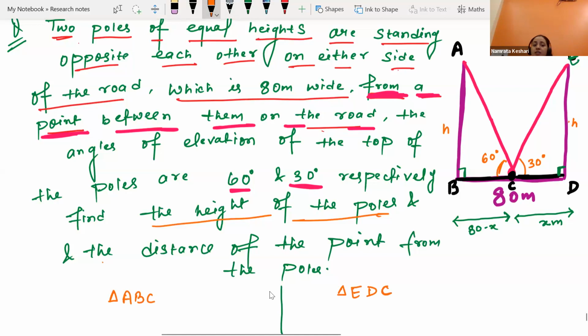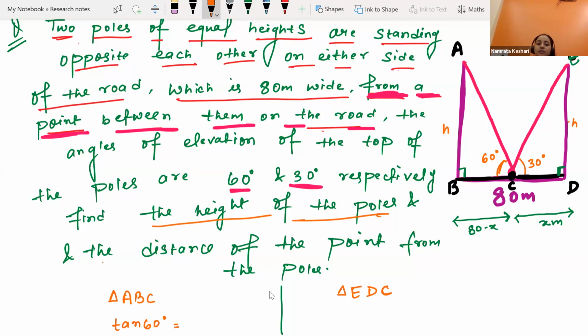Now, in these two right angle triangles, we have to focus on the height, the perpendicular, and the base, or the opposite side and adjacent side. So opposite over adjacent is tan 60, right?